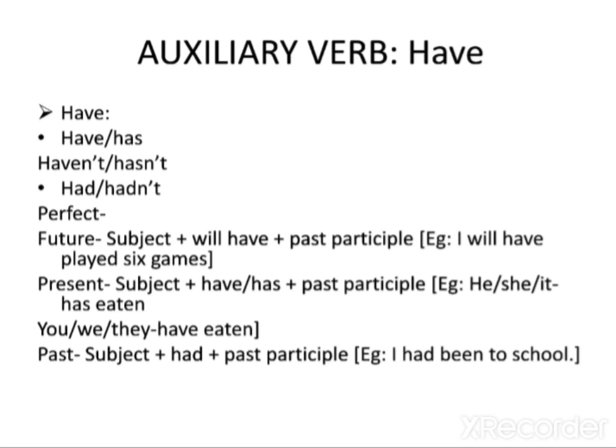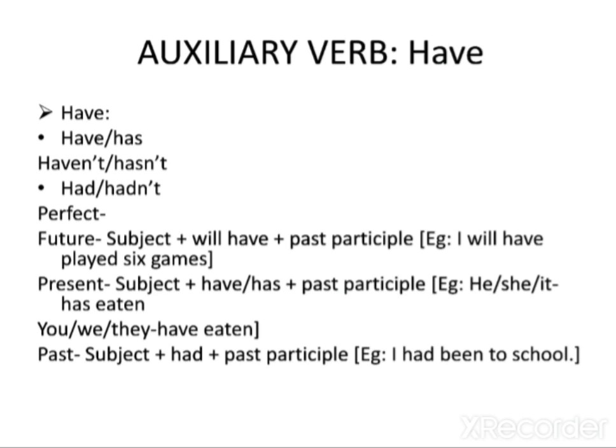So, I have not eaten lunch. Future, I will have played 6 games. So, here we are using will, have plus the past participle.